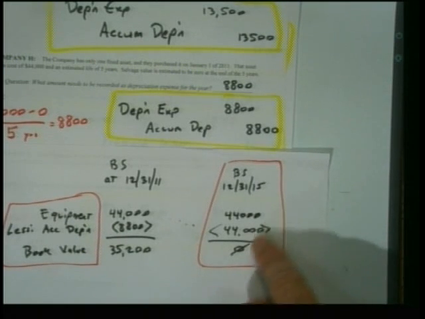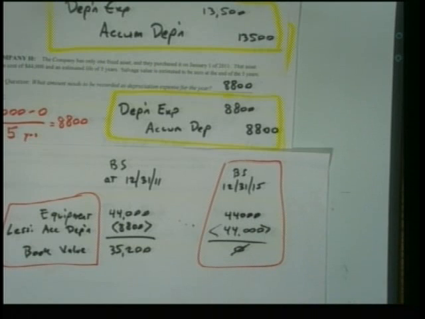But this lets the reader know, hey, we have a piece of equipment that we paid $44,000. It's fully depreciated, but we still have that piece of equipment. Does that make sense, guys? It helps the reader know that we have a piece of equipment. It's fully depreciated, the book value is zero, but we do have that equipment. And we'll keep using it, right?